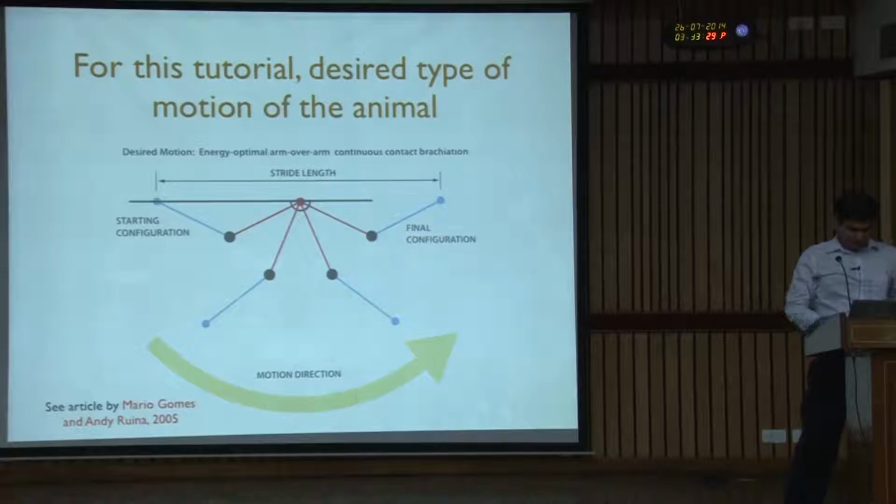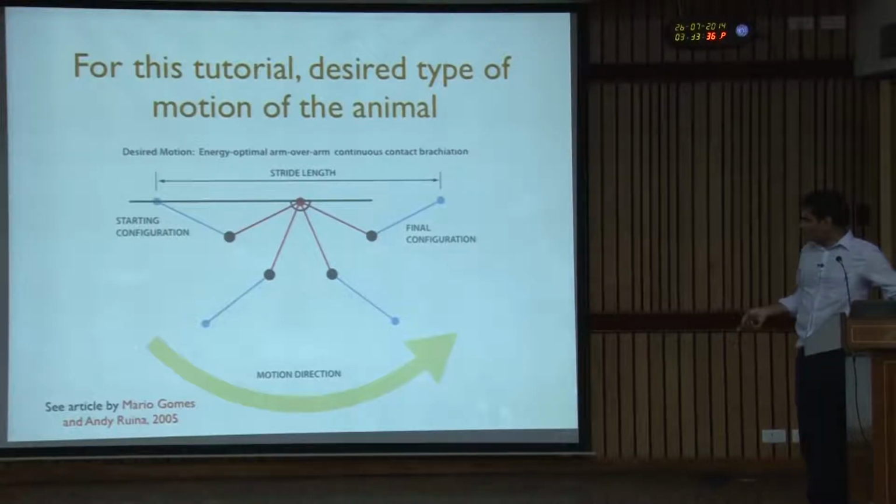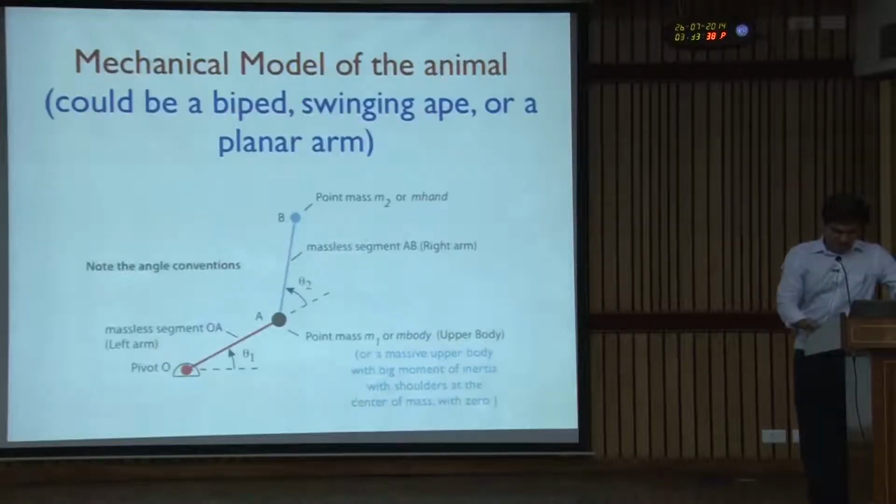And this example is based on work by Mario Gomes, who used to be a student at the lab where I did my PhD. So you can make up a simple mechanical model of this system. What we are imagining in particular is just some angles, theta 1, theta 2.